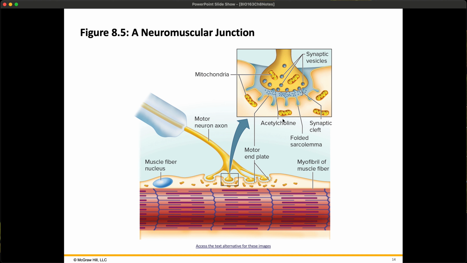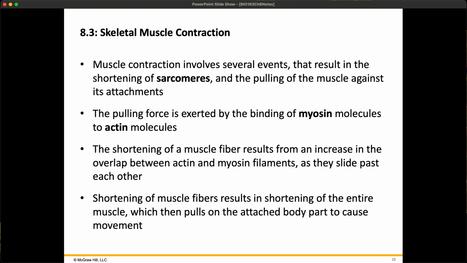We can't really see it in this image, but there are receptors all lining this sarcolemma, waiting for the neurotransmitter to bind. Once the neurotransmitter binds and activates the sarcolemma, that signal gets sent along the sarcolemma. It goes down the T tubules and activates the sarcoplasmic reticulum. So hopefully you're starting to see how this all stacks on top of each other.